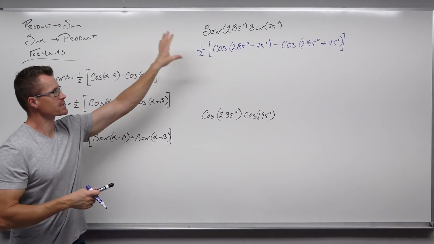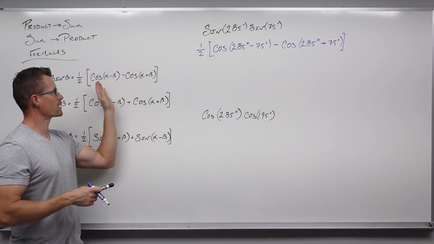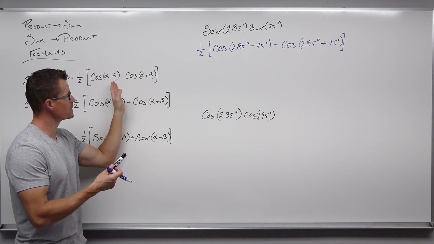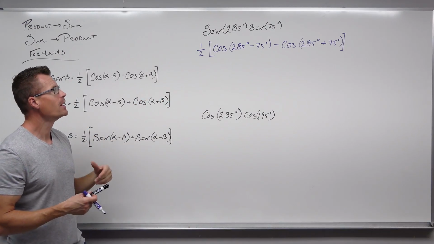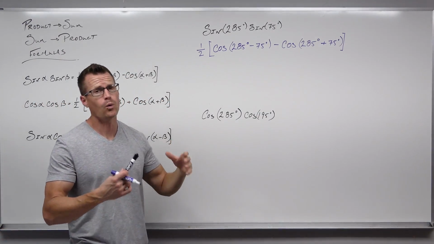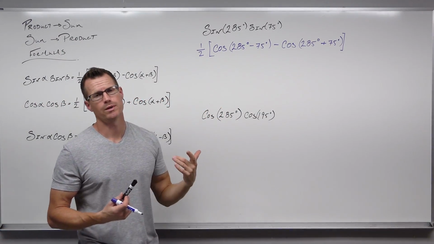So I know I have sine, got it. 1/2, got it. Cosine, I've subtracted, it looks good. Minus sign is really important. Cosine of, okay, now I've added them. Then I'm going to go ahead and simplify and hope that this is something I can work with a little bit nicer.